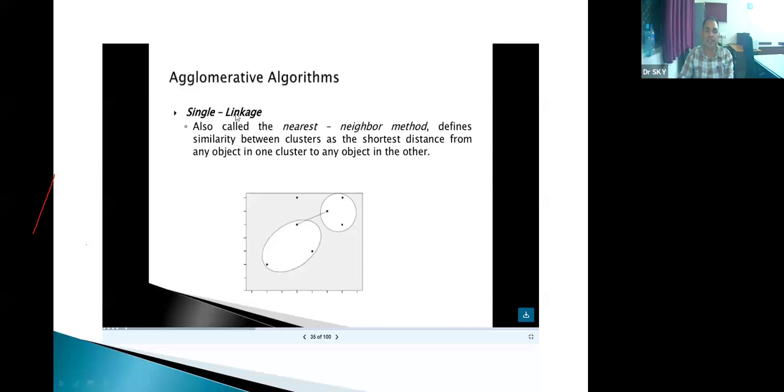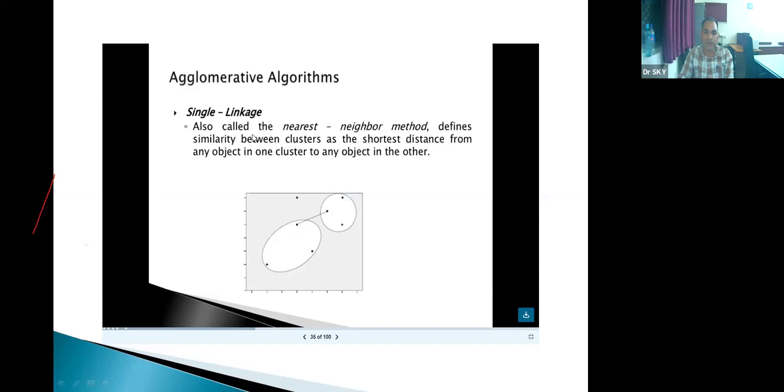Now come to single linkage. Single linkage means we take the closest points of the two clusters, and this distance is known as the single linkage, because on the basis of the closest points we combine the two.